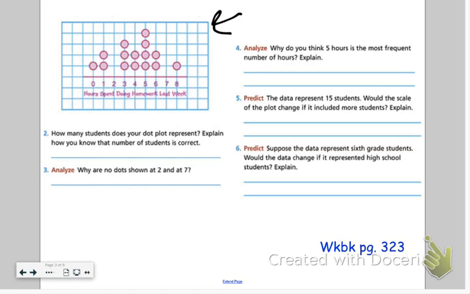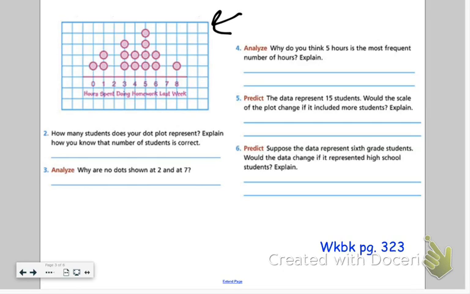For number 2, how many students does your dot plot represent? Explain how you know that number of students is correct. Well, I'm seeing 1, 2, 3, 4, 5, 6, 7, 8, 9, 10, 11, 12, 13, 14, 15 dots in my dot plot. And if you look at the data at the top of page 323, you're going to see that there's 15 numbers.